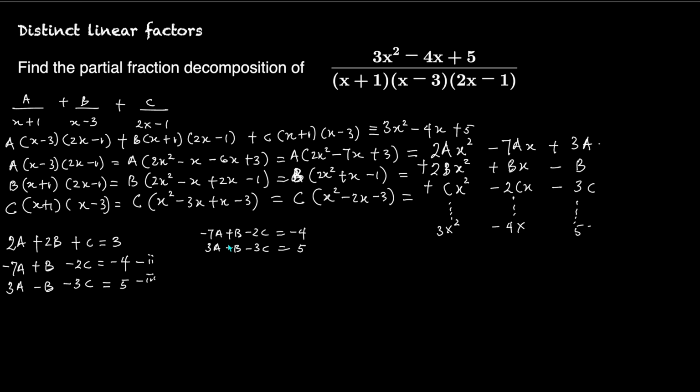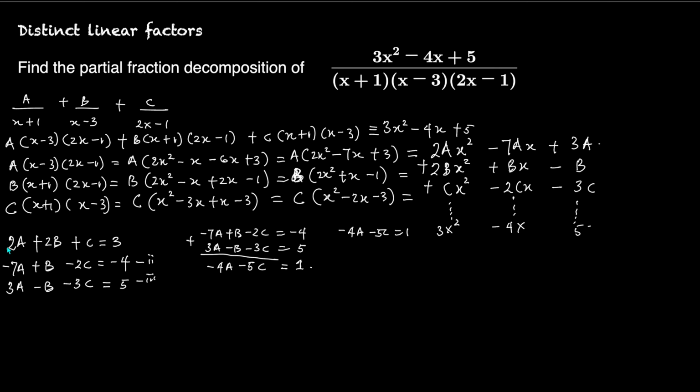So to eliminate b, I can just add both equations. So I have negative 4a, negative 5c equals 1. So on one side we have negative 4a minus 5c equals 1.